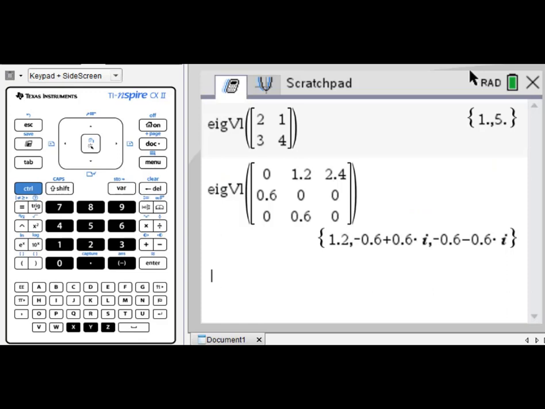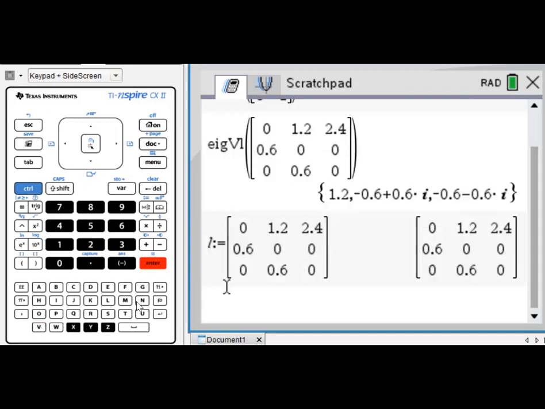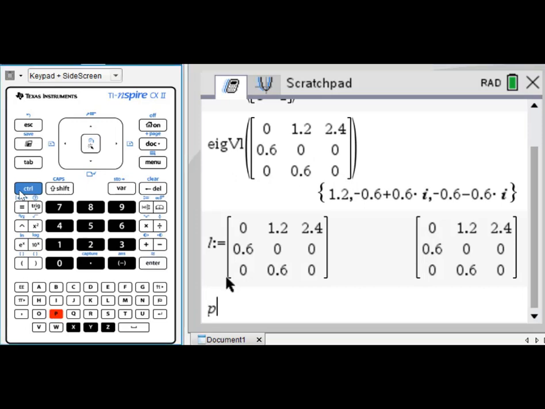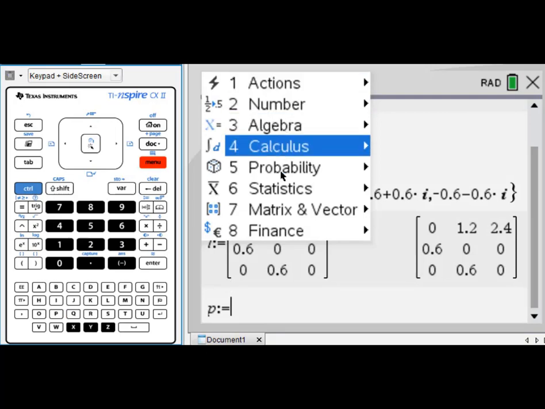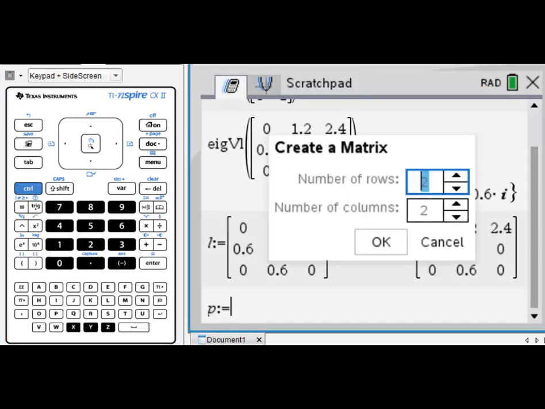Now to find P of 20 and P of 21, this is when I realised I should have defined my Leslie matrix because I'm using it again. I'm going to cheat. I'm going to copy it from up there. And there is my Leslie matrix. My initial population matrix, I'm going to define that. It is a 3 by 1.